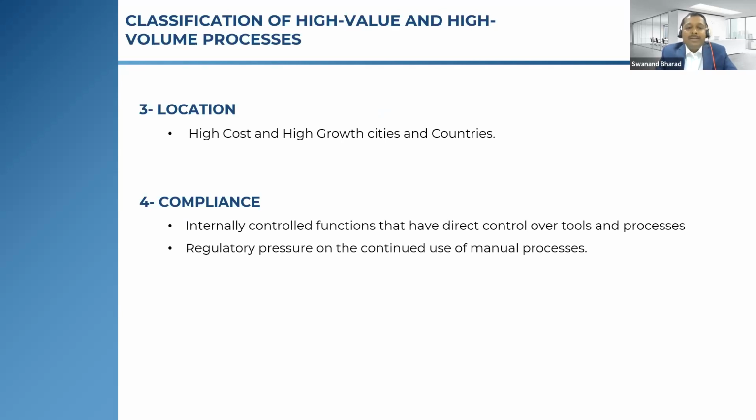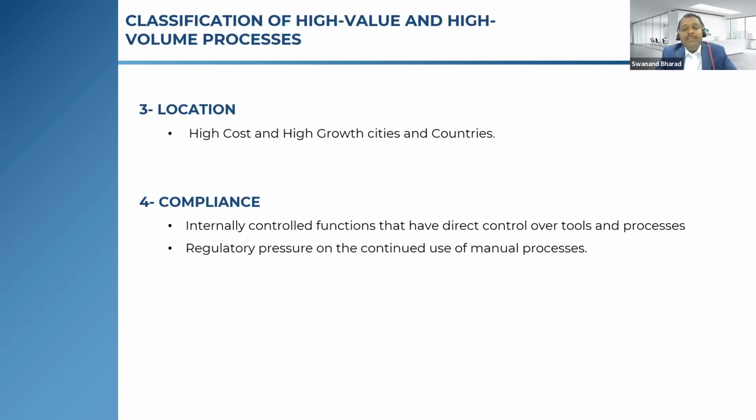Now, regulatory pressure on the continued use of manual process. In some organizations, I saw that some regulatory or compliance teams asked to do the task manually, but sometimes I identified that manual mistakes are possible compared to automating those applications using RPA tools and technology.